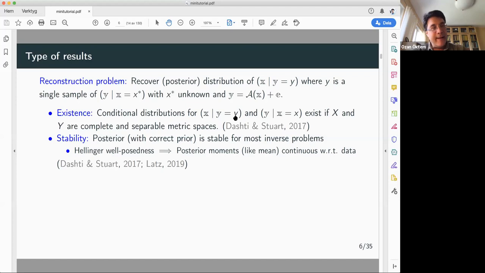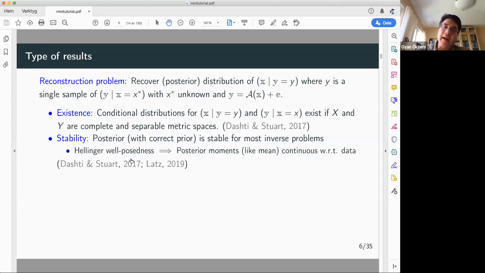What about stability then? I was talking about how the classical inverse problem was unstable. There is even a Hadamard characterization of that in the functional analytic setting. So what about stability in this context, which essentially means: when is the posterior continuous with respect to variations in data? Of course, for that, you need to make sense of what you mean by continuity in the space of probability distributions.